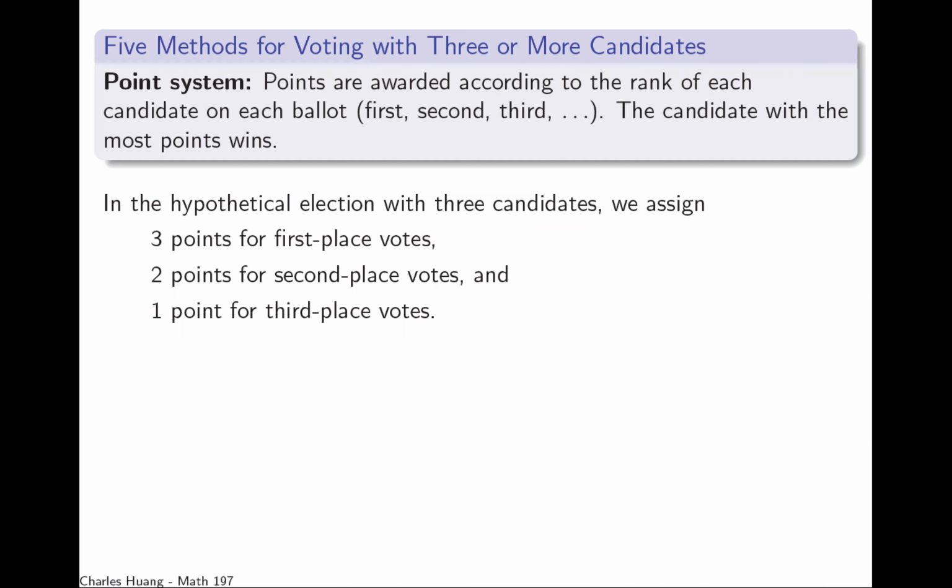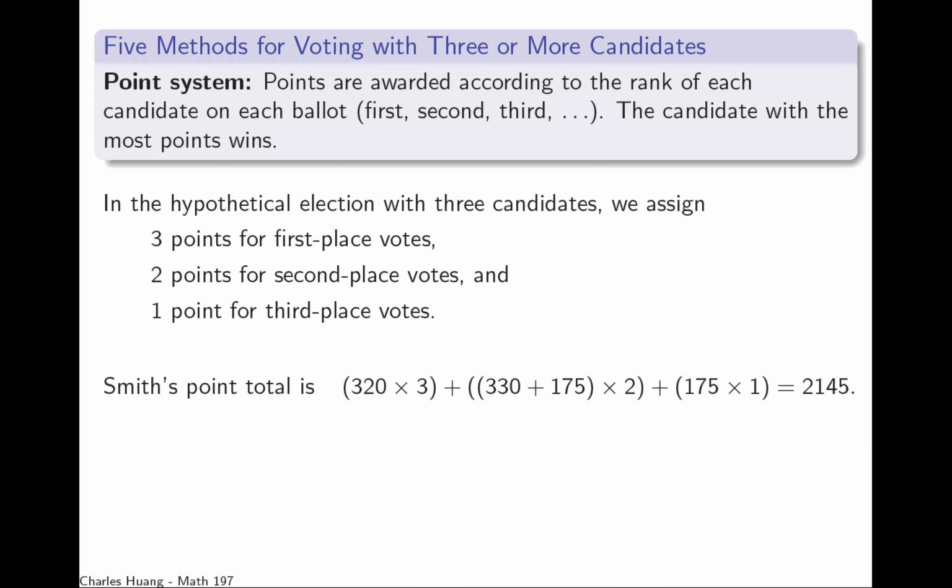The way we vote for, say, MVPs, the most valuable pitcher, or the best goalie in North American sports, we usually do something similar to the point system, except we don't always assign points to, say, 4th place, 5th place, 6th place. In the point system that we are talking about here, we are assigning points to all positions.